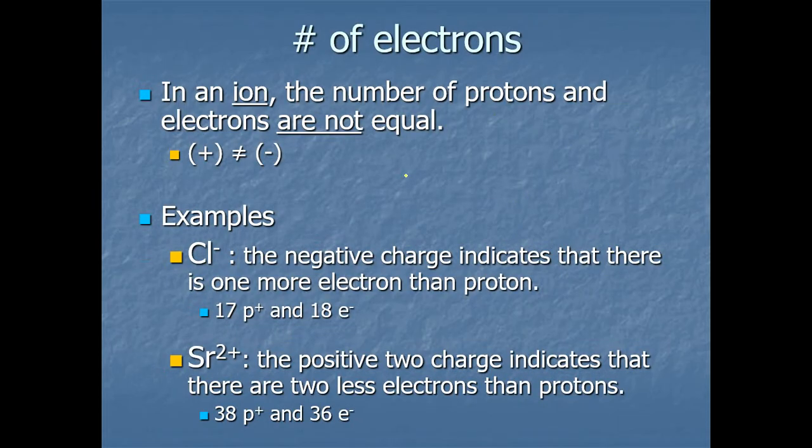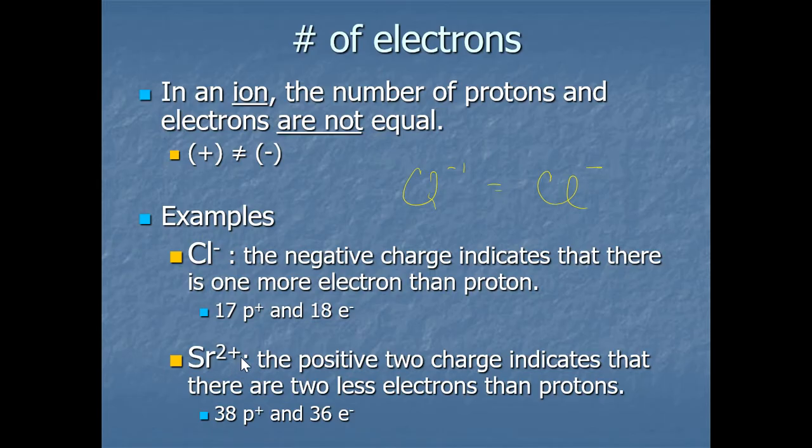So this is the same as this. We wouldn't put a 1. Very often we don't put the 1. But you can see if it's positive, this has two fewer electrons than protons. That becomes a +2. So electrons you can get based on the charge and the atomic number.